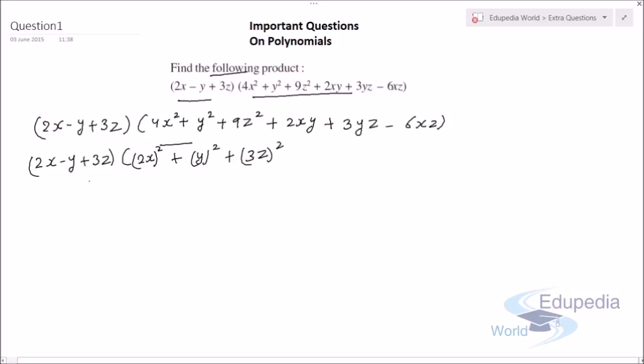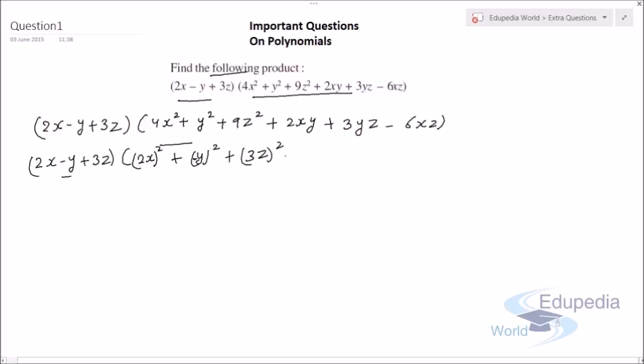Now in this question y is negative, so we put a negative sign over here. These are the kinds of hints given in the question, so you have to watch the question carefully before solving it.